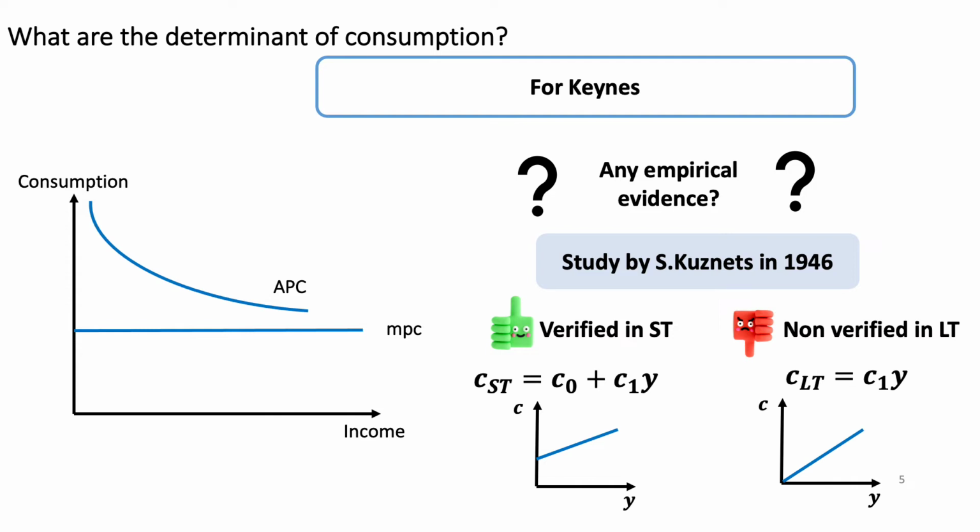However, Simon Kuznets uses data from the US between 1869 and 1937 to show that in the long term, the APC was constant. In other words, in the long term, the consumption function is not affine, but linear.